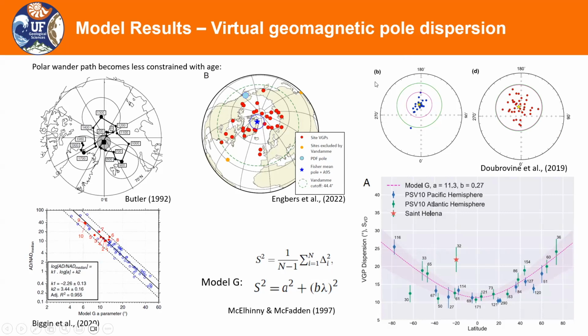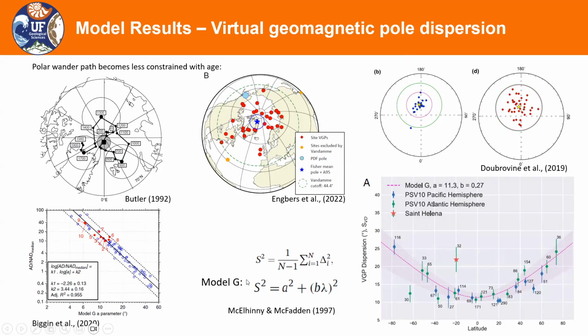So both of these would represent paleomagnetic data of one locality. And if we take a global data set like the PSV data set from Cromwell et al. 2018 here, then we can see that the dispersion is dependent on the latitude of the site where it has been measured.